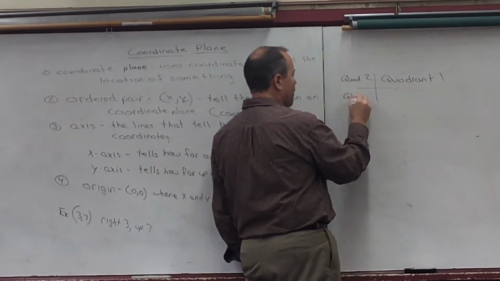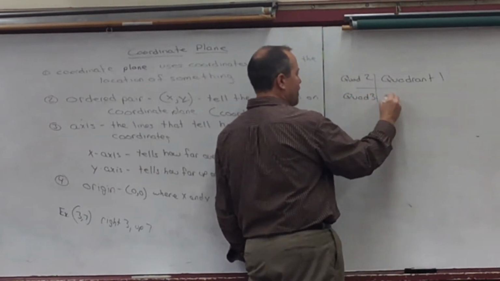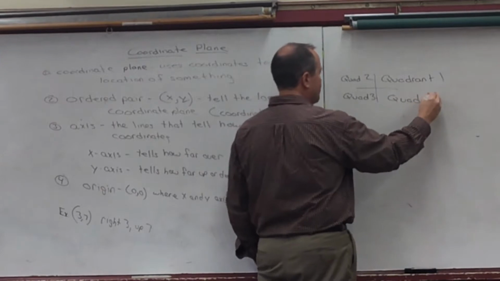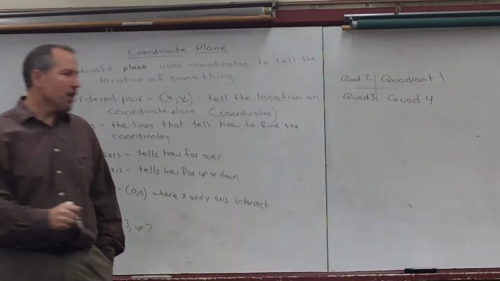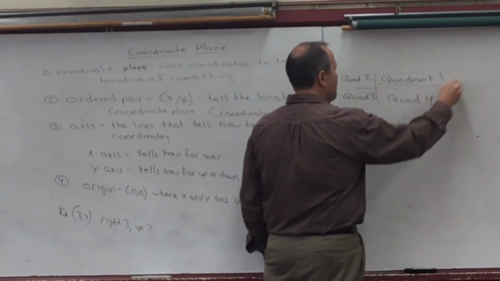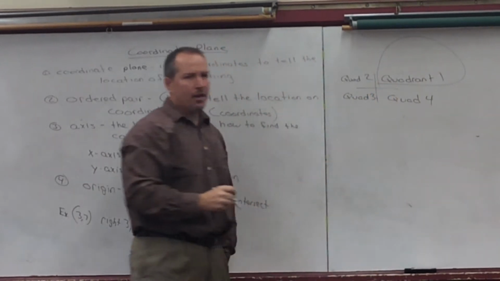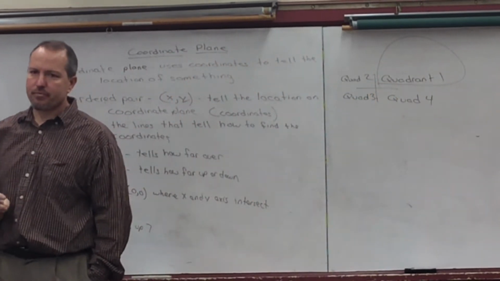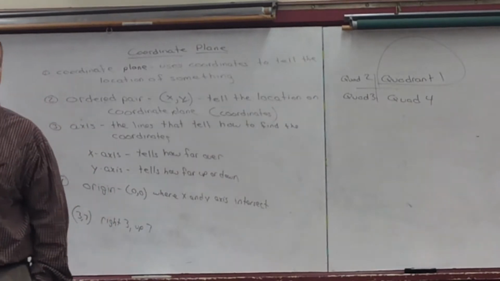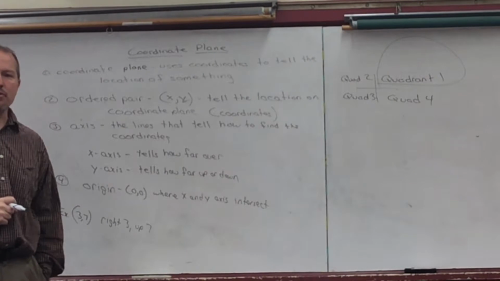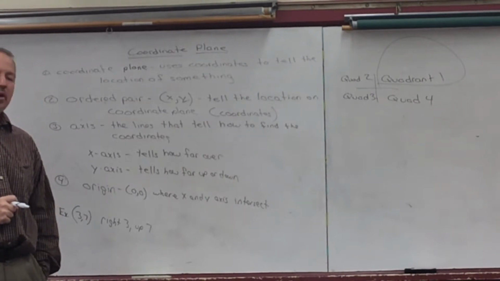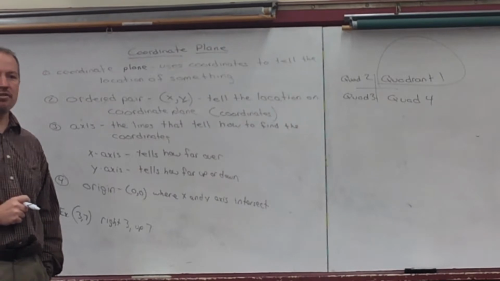This is quadrant 3. And this is quadrant 4. You guys are only going to deal with quadrant 1, because we're not going to deal with negative numbers. To get into quadrant 2, quadrant 3, and quadrant 4, we're going to be dealing with negative numbers. We are only going to deal with positive numbers, which means we will only deal with quadrant 1.